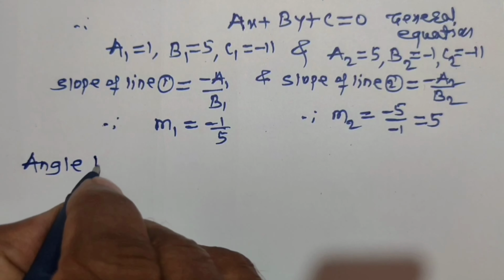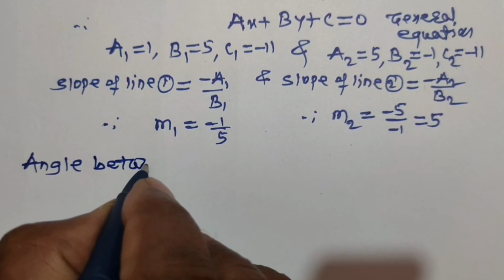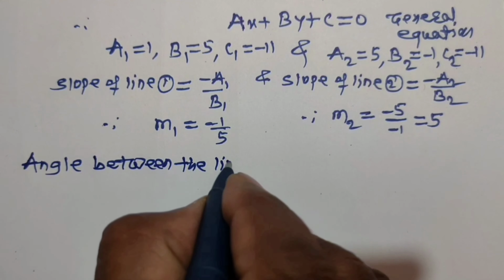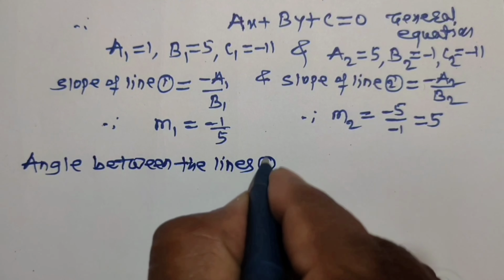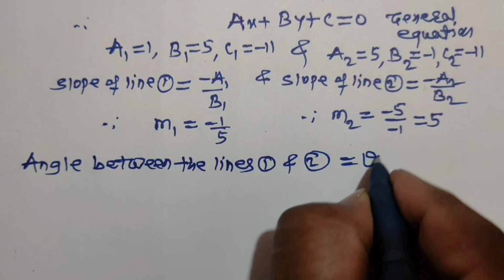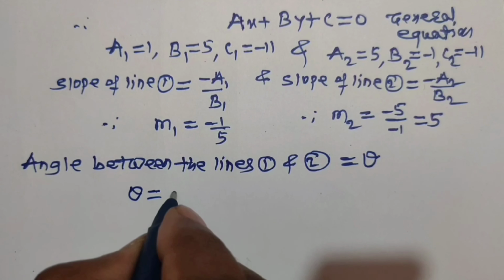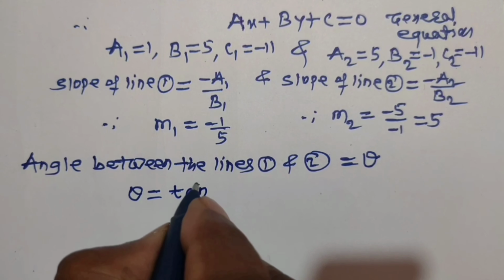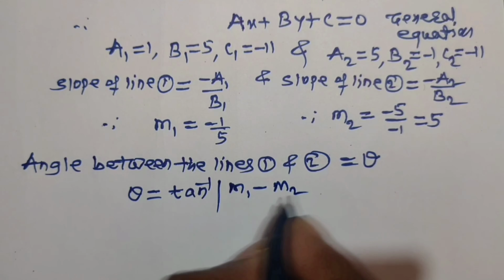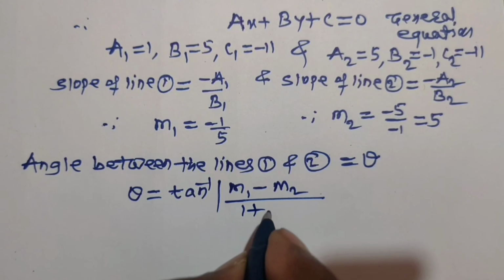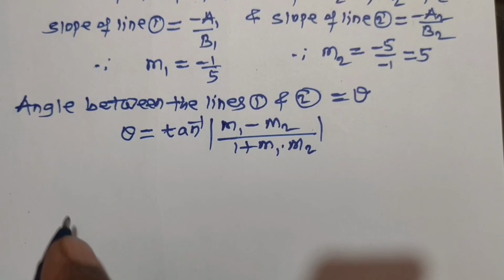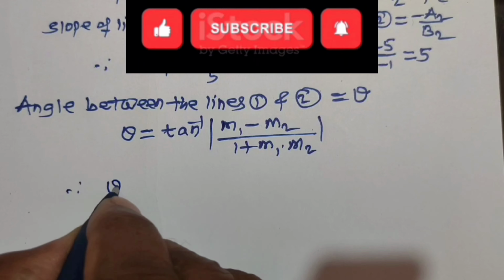Now we can find angle between two straight lines, and formula for angle between two straight lines in terms of slopes is given by theta is equal to tan inverse in modulus m1 minus m2 divided by 1 plus m1 into m2, where m1 and m2 are slopes of line 1 and line 2.